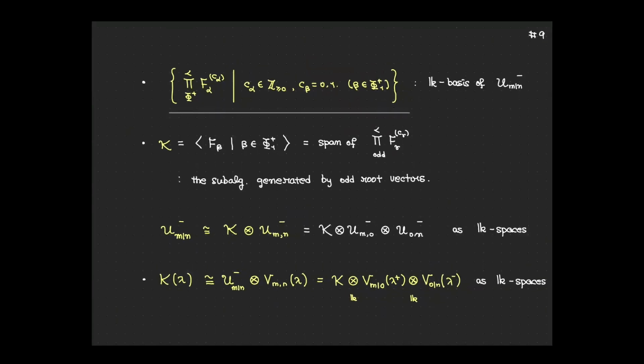And now we focus on a certain subalgebra of U minus. So we consider the K subspace of U minus, which is spanned by the products of root vectors where we only take the odd root vectors. Then this subspace, say K, is actually the subalgebra generated by the odd root vectors.